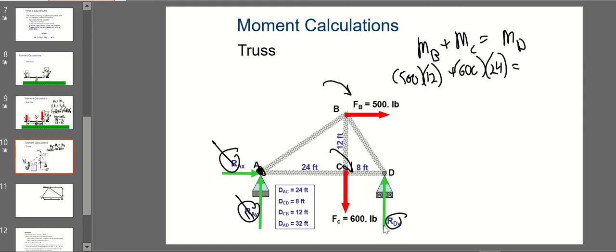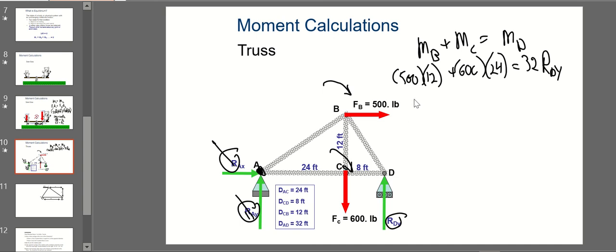And over here, I don't know what this is, so that's my unknown. I know that my distance is going to be this total, 24 plus 8, so 32 RDY. Okay?